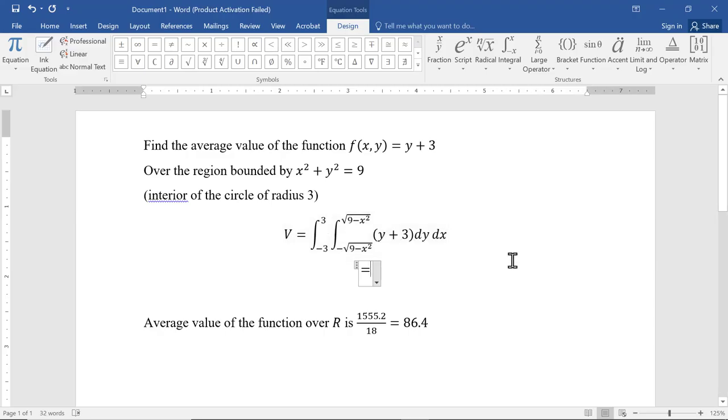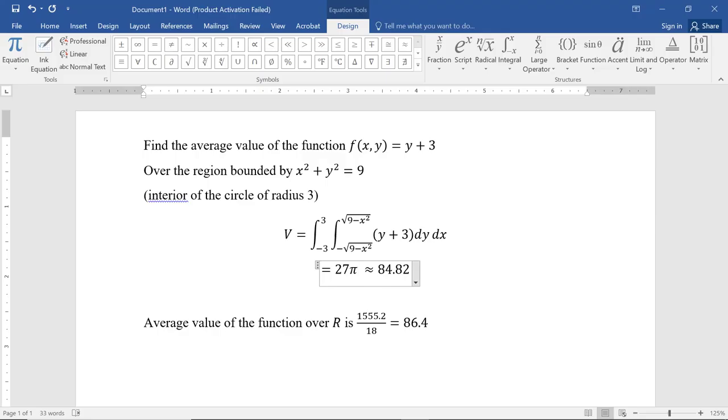Now, I said that we got approximately 84.82, and that was right. We got approximately 84.82, but in reality, that number was actually exactly 27 pi.